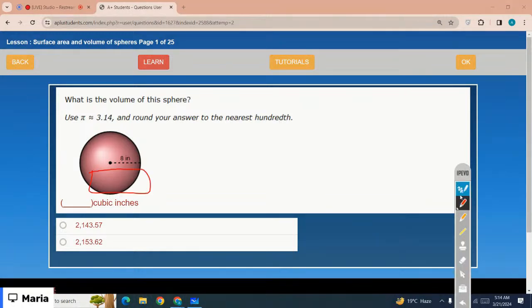You are given the radius that is 8 inches, that is V equals 4 by 3 pi r cube, right? R is 8, 4 by 3 times 3.14 times 8 cube, right? So let's just do the calculations and find the value.